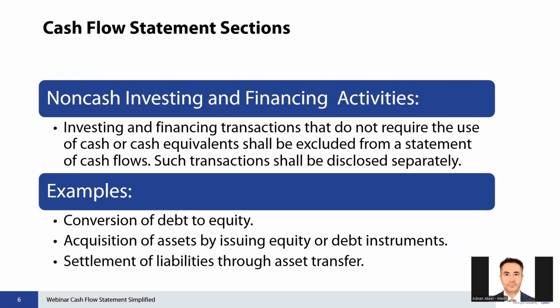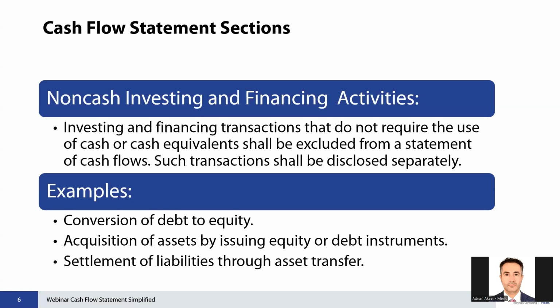If any such activities take place, they have to be disclosed separately in the notes of the financial statements. It could be within the cash flow statement, but at the bottom. It is not part of the cash flow statement calculation. Or it can be separately in the notes or in the disclosures.